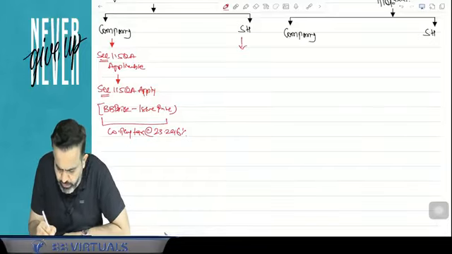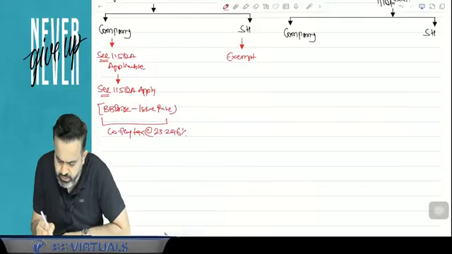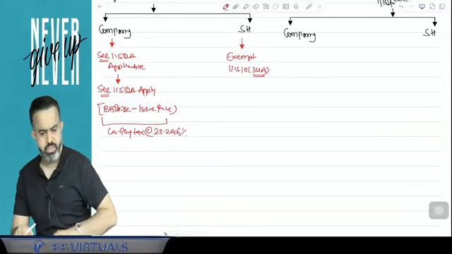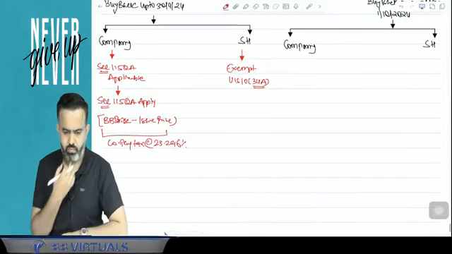Now in the hands of the shareholder, it is exempted. In the hands of the shareholder, it is exempt under section 10(34A).